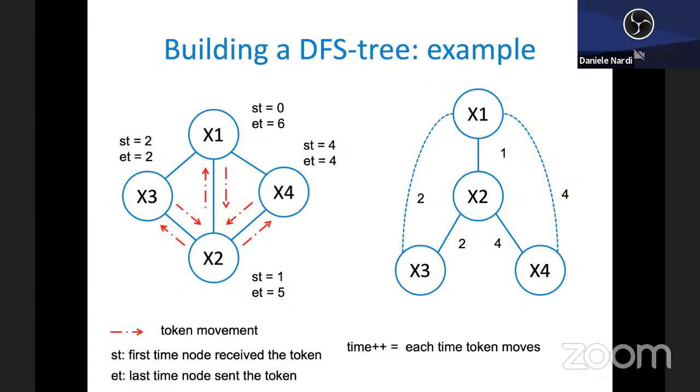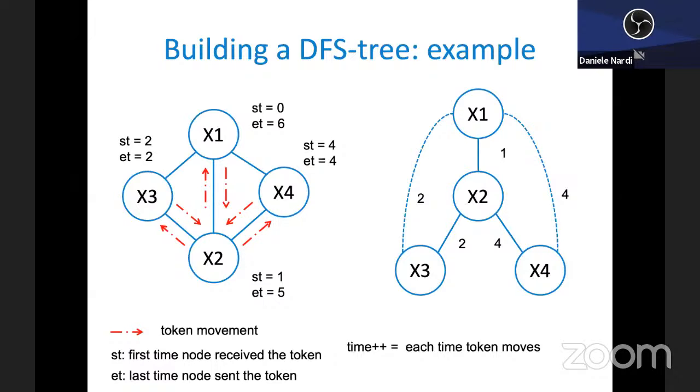The visit starts from x1, goes to x2, and then from x2 goes to x3, and then x3 does not have any node to go further because x1 has already been visited, being the root, and therefore the visit in x3 stops, and x2 moves the visit towards x4.